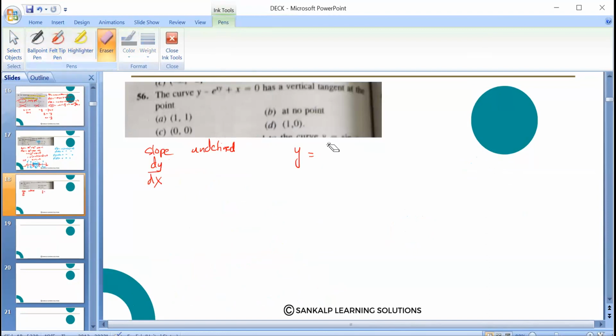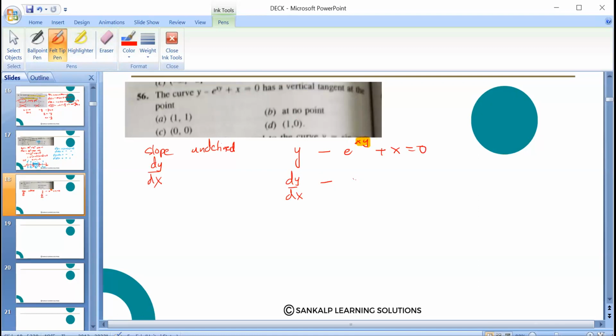the equation is not clear. So I will write the equation again. Take y minus e power xy plus x equal to 0. Find the derivative. Derivative of y is dy by dx minus, use chain rule.